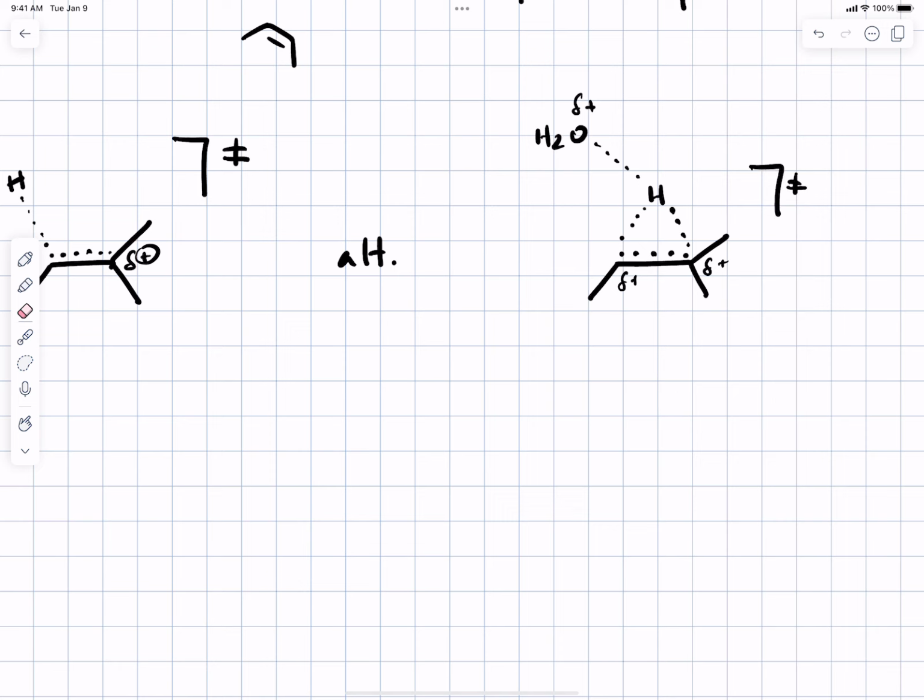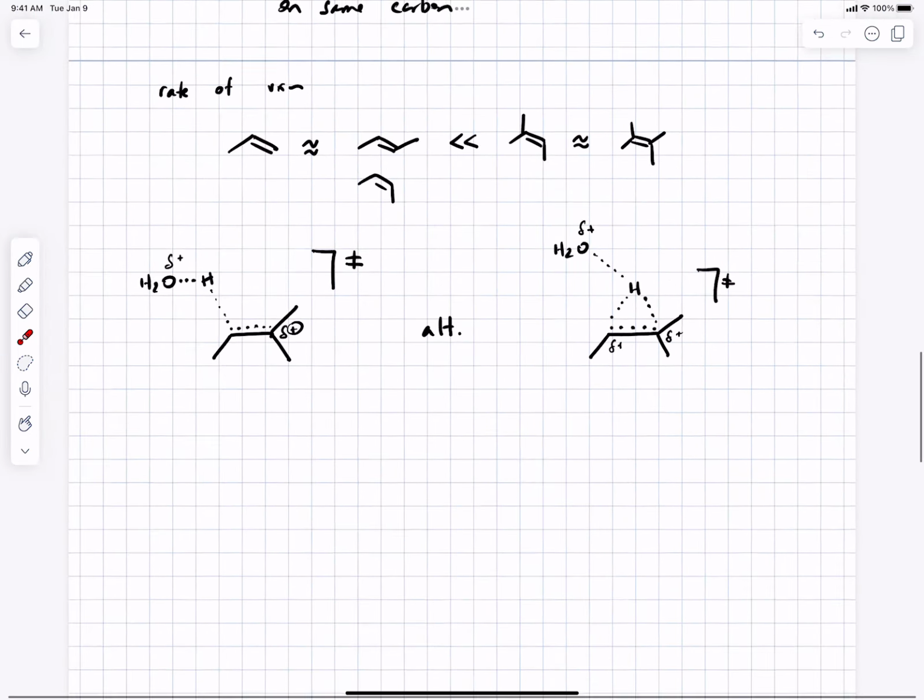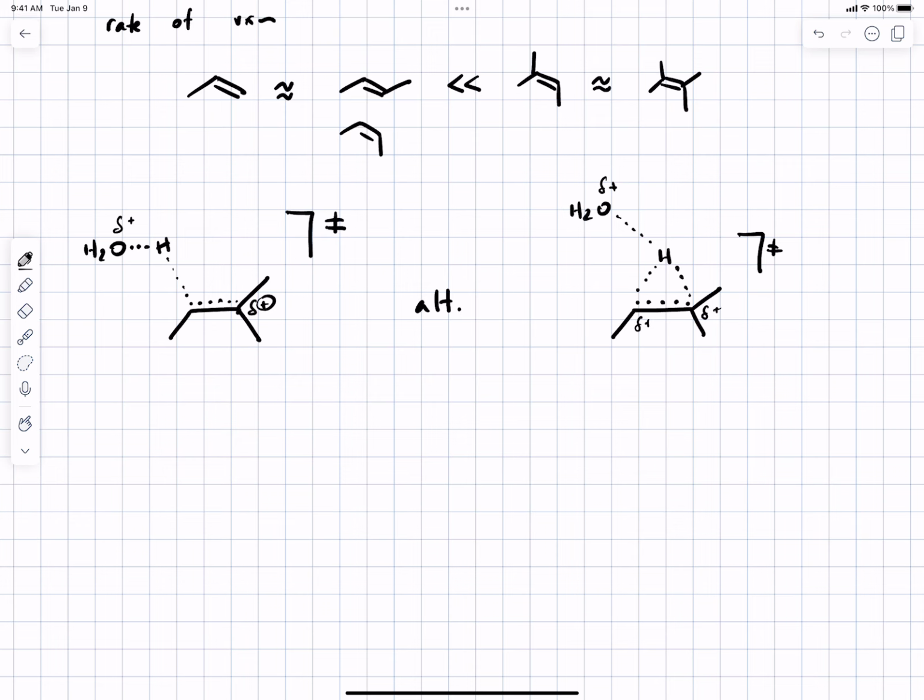And if that were true, you would expect substituents on both carbons to matter additively, because both carbons are bearing positive charge. But this is the one that is consistent with the data.